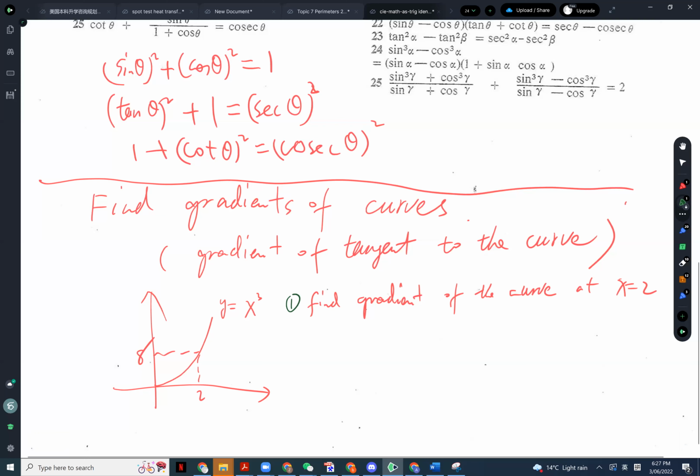We got 3 methods. What's the gradient? Lawrence, this gradient should be here, the gradient of the tangent to the curve.